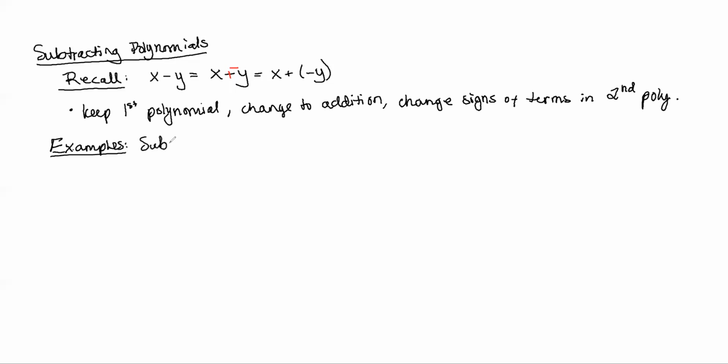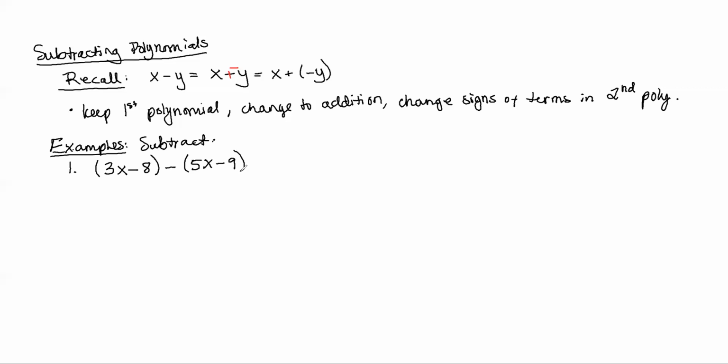And again, we're just told to subtract. It's assumed that we know to combine like terms to make sure it's simplified. Number 1, in parentheses, we're given 3x minus 8 minus, in parentheses, 5x minus 9.